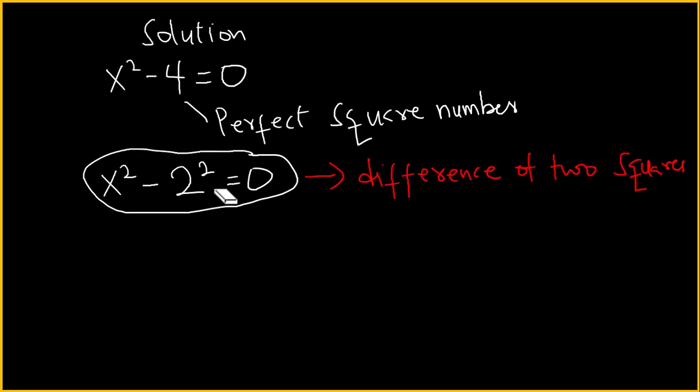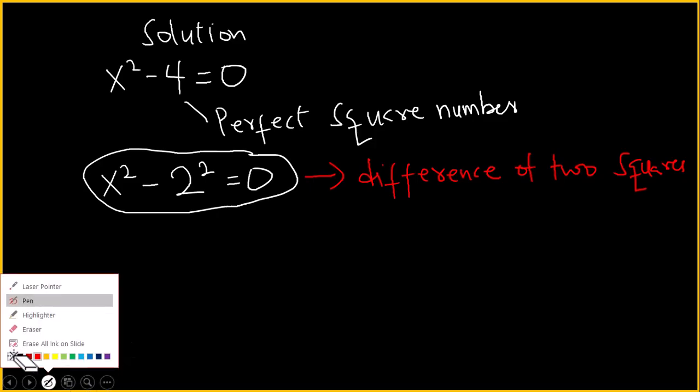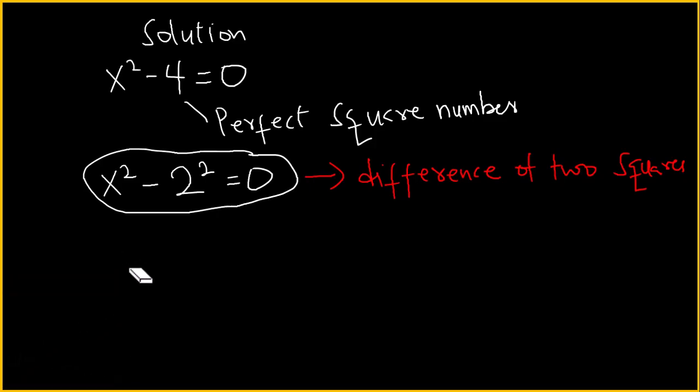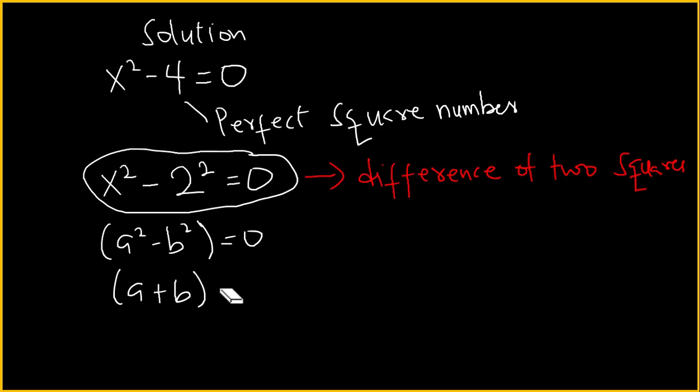So the simplified form of this, anytime you encounter this, a squared minus b squared equals 0, is expanded as a plus b multiplying a minus b equals 0.